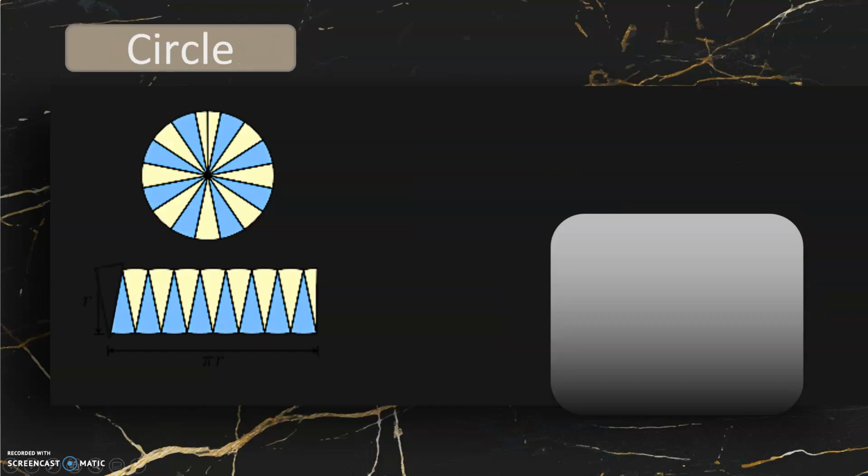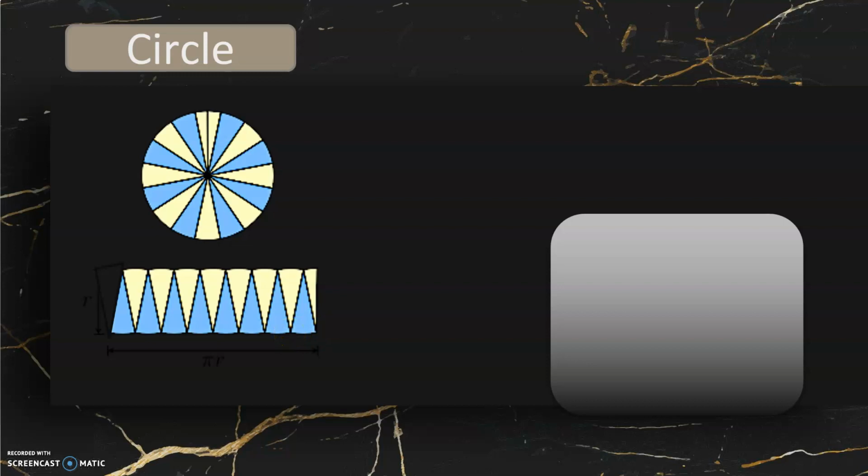Now, let's take a look at the area of a circle. If you cut a circle into small, really thin triangular figures like this one, and combine those triangular figures this way, you will actually form a rectangle. In this case, it does not look like a rectangle because the triangular figures are somehow thick.